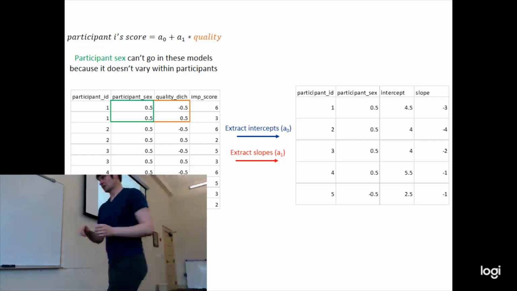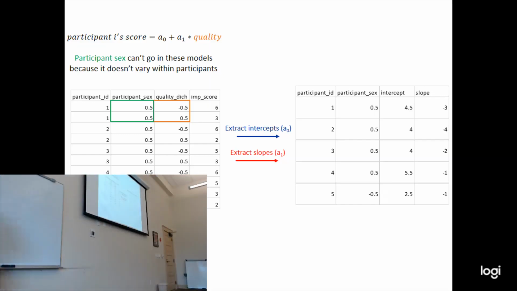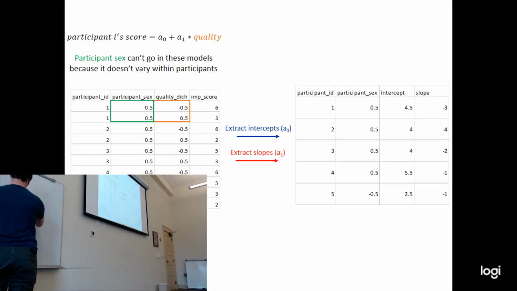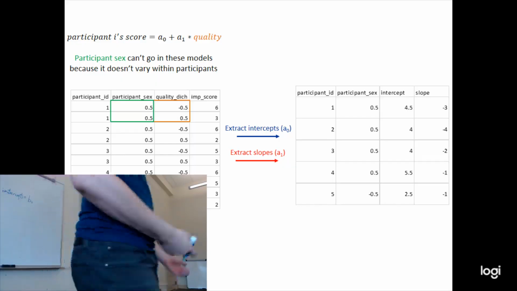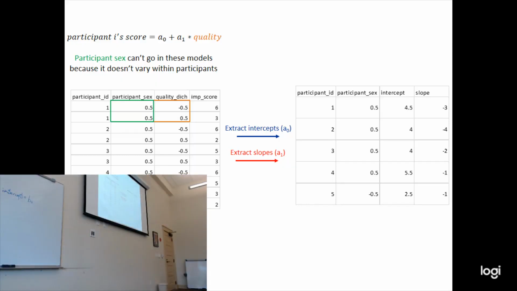One of them is going to be the same as we had before. So intercept equals U0. Then what else is going to go into this model?